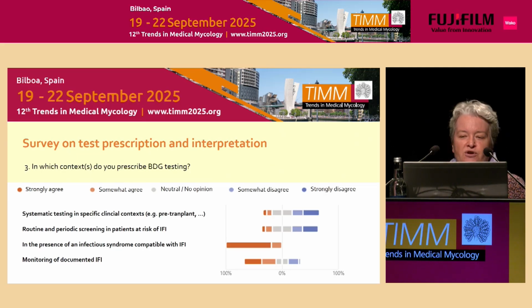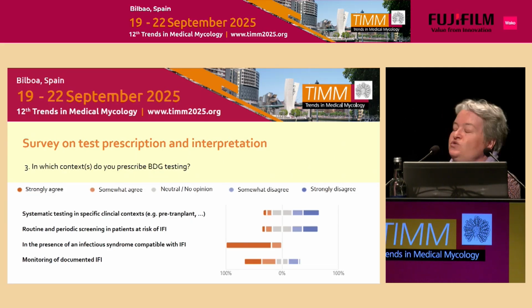For each question, a statement is provided, and the clinician indicates the level of agreement using a 5-point Likert scale by selecting one of the 5 following options: strongly agree, somewhat agree, neutral or no opinion, somewhat disagree, and strongly disagree.